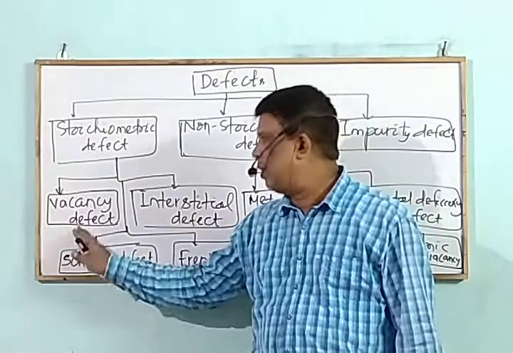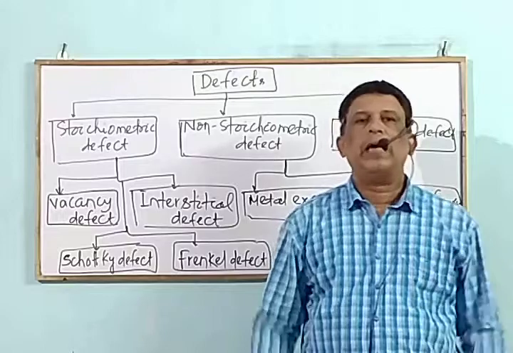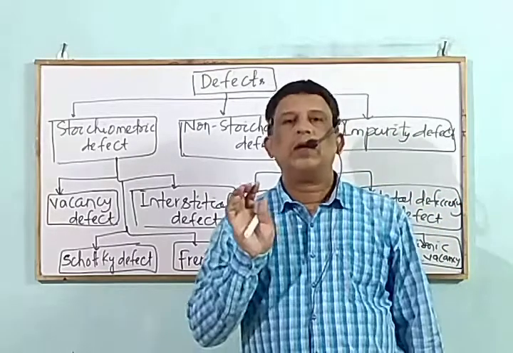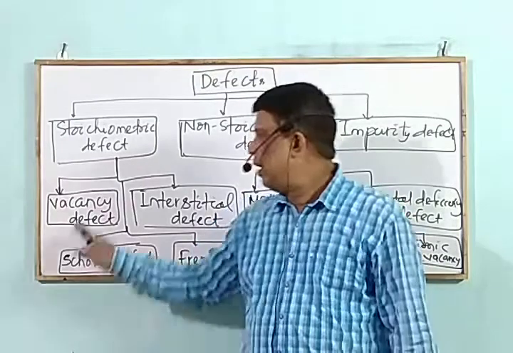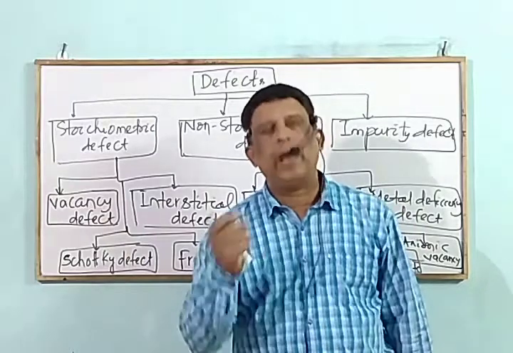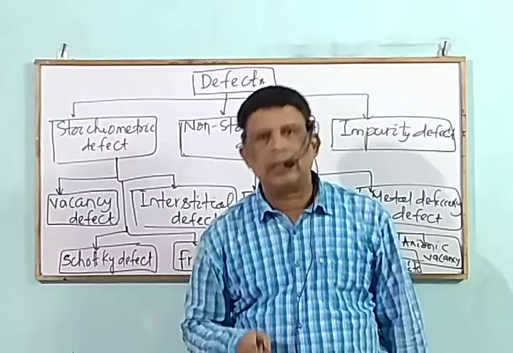Come to point one, that is vacancy defect. In this defect, some of the lattice sites are vacant. Then this type of defect is known as vacancy defect.